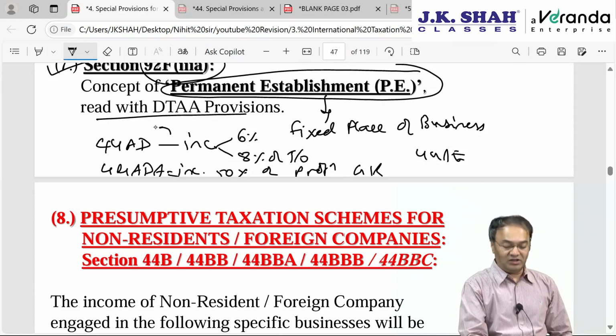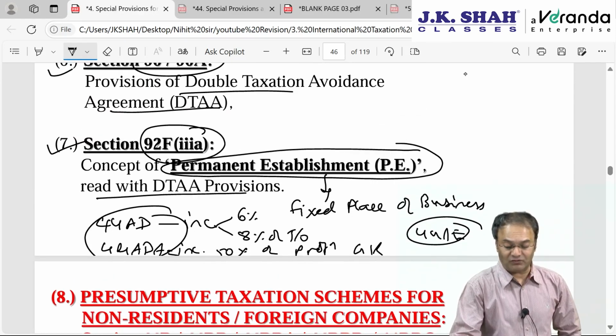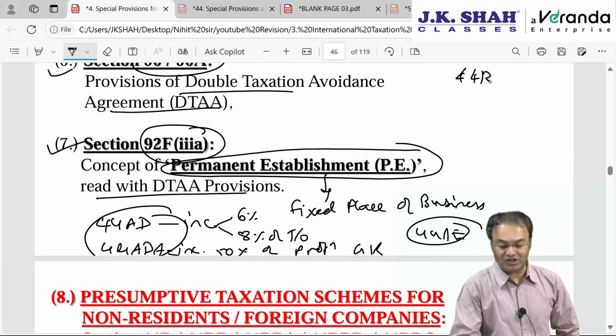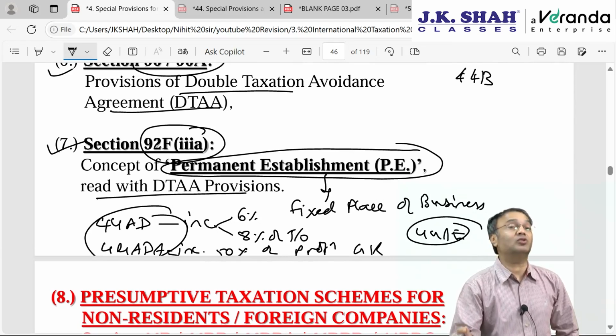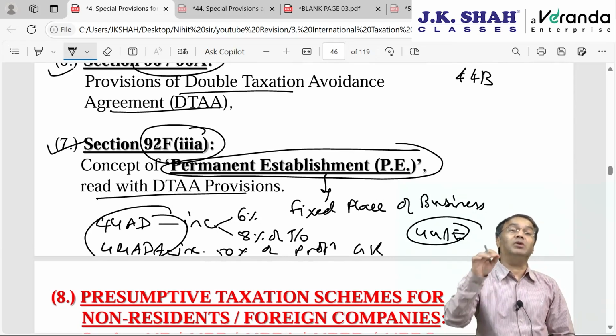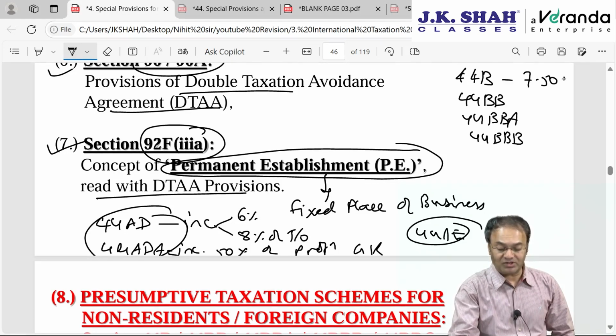Now the way we had 3 sections for residents, same way we had 4 sections for non-residents, which we had briefly discussed in the PGBP chapter also, minimum alternate tax chapter also. PGBP I would not say briefly, in the PGBP chapter we had discussed it in detail. 44B, 44BB, 44BBA and 44BBB. Here income would be deemed to be 7.5%, presumptive taxation.